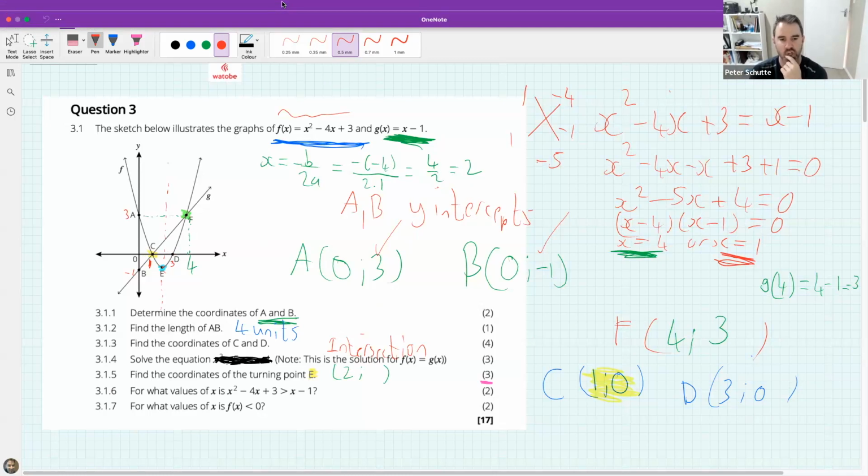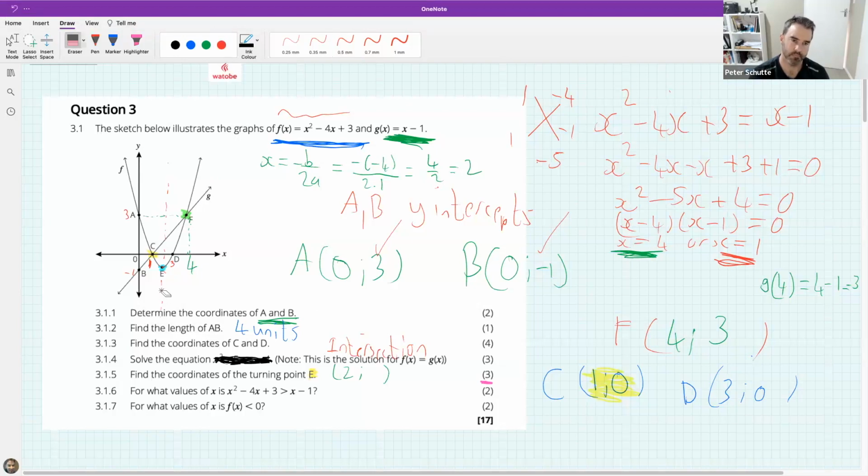What is the y coordinate of the point E going to be? I know that E is in line with 2, but I want to know what y value. So I think I just need to put it back into the original equation.